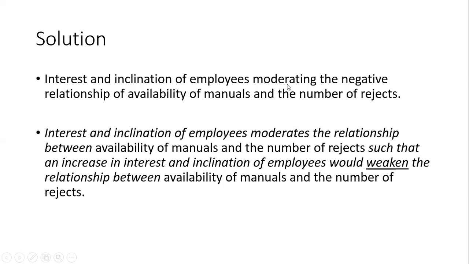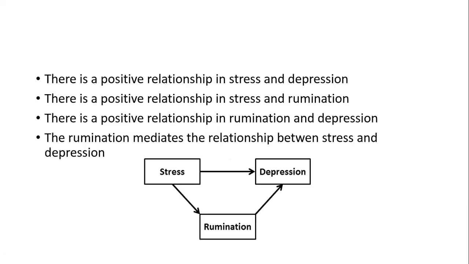Interest and inclination of employees moderates the negative relationship of availability of manuals and the number of rejects. ठीक है, same चीज दोबारा explain की है in a different manner. Interest and inclination of employees moderates the relationship between the availability of manuals and the number of rejects, such that an increase in interest and inclination of employees would weaken the relationship between availability of manuals and the number of rejects. ठीक है जी. तो ये दो फॉर्म है इसकी.